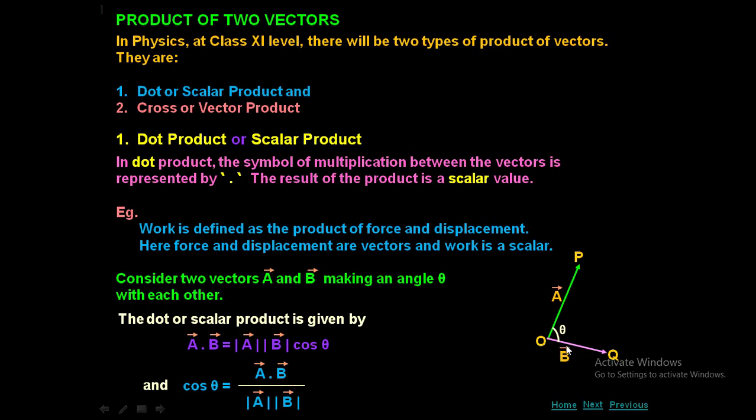Now, this is the value which I require. Now, along this direction it is A bar. Now, if you draw a perpendicular, now I want the base value. Which theta will give the base value? Cos theta will give the base value. That means along OQ, the value of A bar is A bar cos theta. Now A cos theta and B are along the same line. So if you multiply, you are going to get AB cos theta.